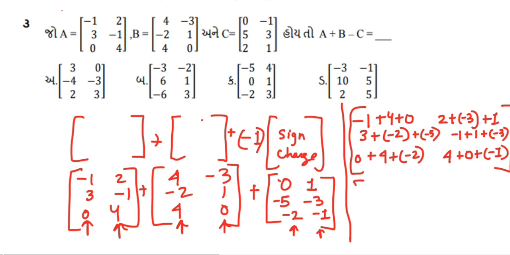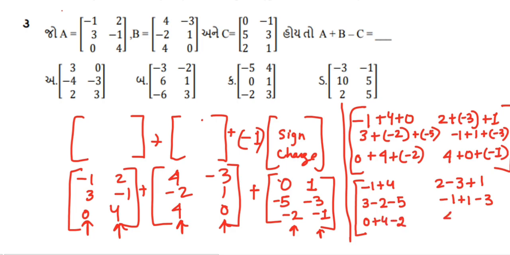Solving the brackets, let us see what it will be. It will be -1 plus 4, then 2 plus -3 plus 1, then 3 plus -(-2) plus -(-5), then -1 plus 1 plus -(-3), then 0 plus 4 plus -(-2), then 4 plus 0 plus -(-1). Now solve this and we will get the answer.